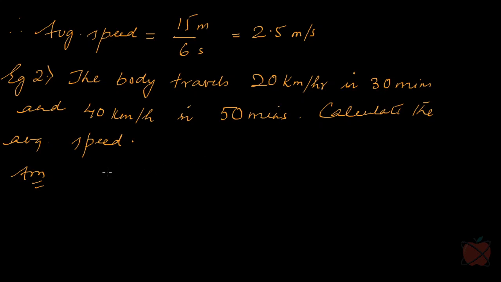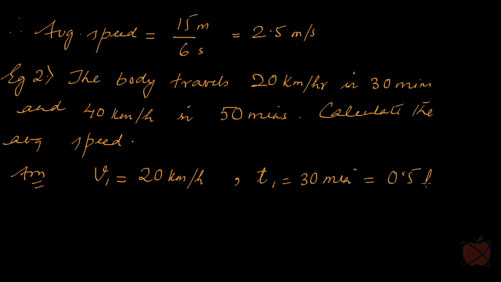Let's call the speed V1. V1 here is 20 kilometer per hour, and the time T1 is 30 minutes. 30 minutes is 0.5 hour.